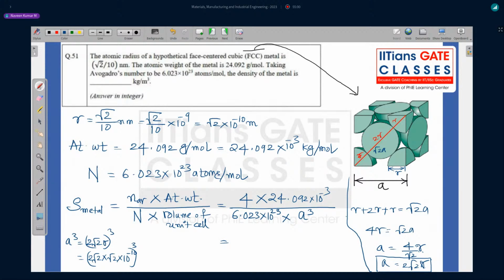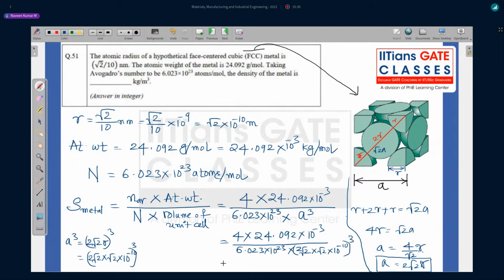Oh, sorry guys, let's proceed. So we'll substitute A cube here, that is 4 into 24.092 into 10 to the power of minus 3, divided by 6.023 into 10 to the power of 23, into A cube, which is 2 root 2 into root 2 into 10 to the power of minus 10, whole cube.